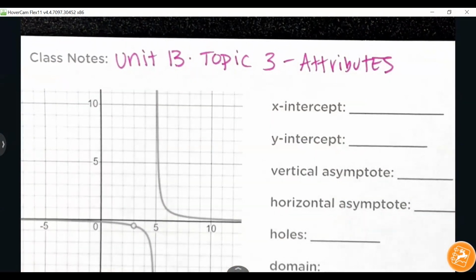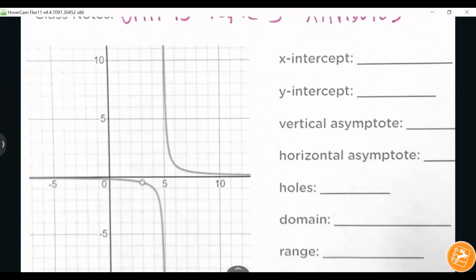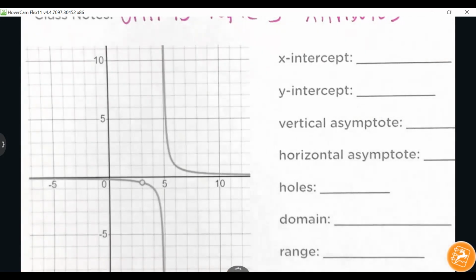All right, this is what is called a rational graph. A rational graph has two or more L-shaped graphs, okay? I tell you to toss one to Carson. Two or more L-shaped graphs. That's what a rational graph is, okay?